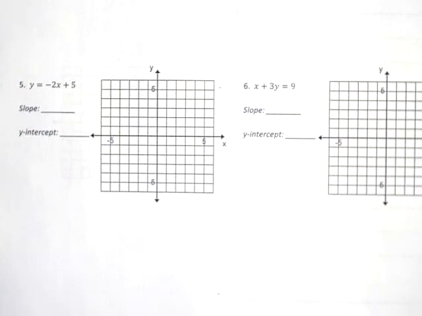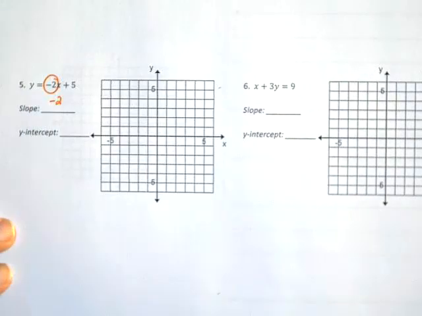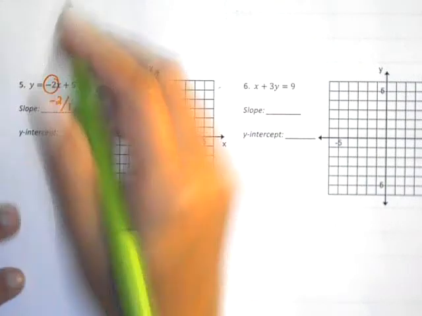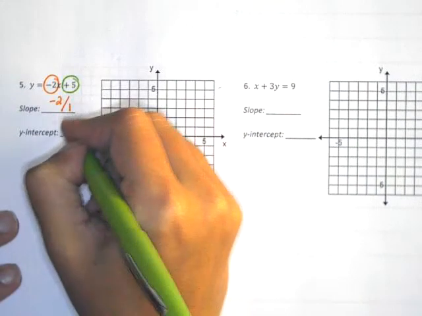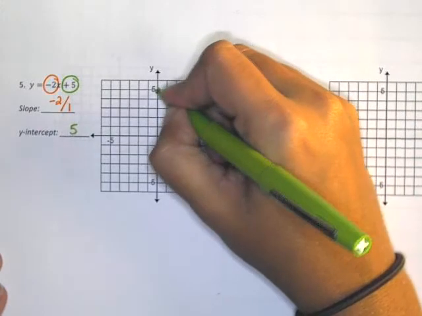Let's do another example. So problem number 5, I look at the equation and I go, okay, this is arranged properly. So my slope is going to be negative 2, and I like to write negative 2 over 1. My y-intercept is going to be 5, which means I'm going to begin on the positive 5.